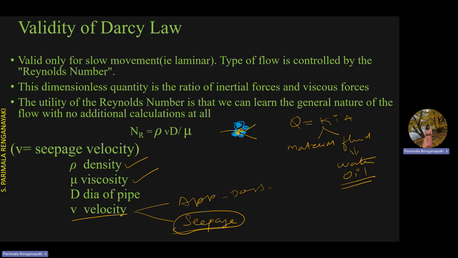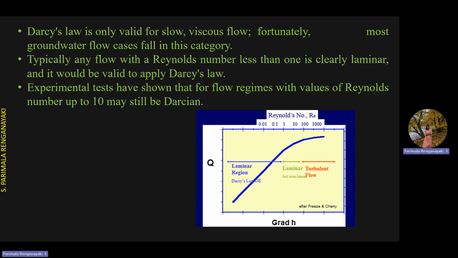Now, for groundwater, what is the Reynolds number value? Okay. So the Reynolds number value for groundwater when it is less than 1 is laminar.